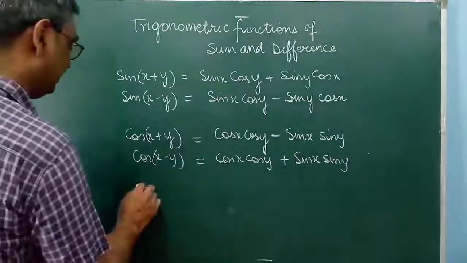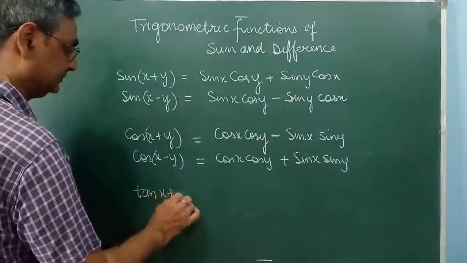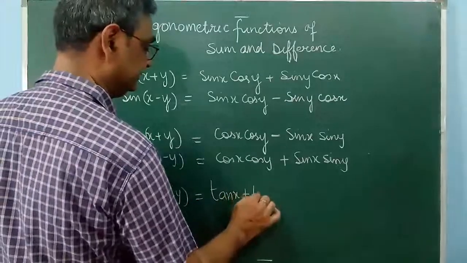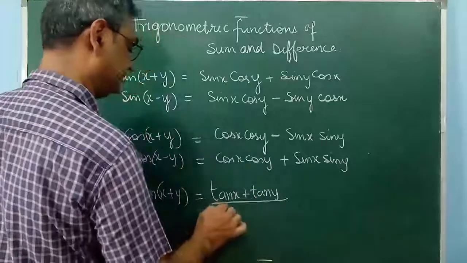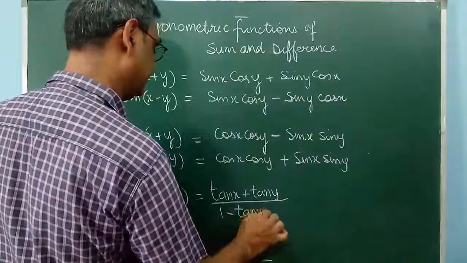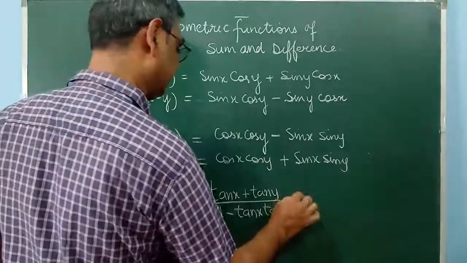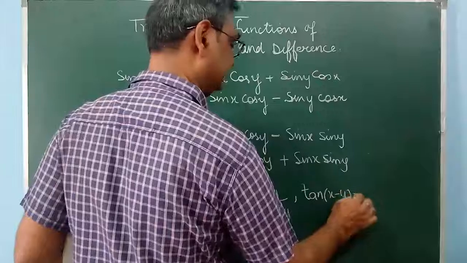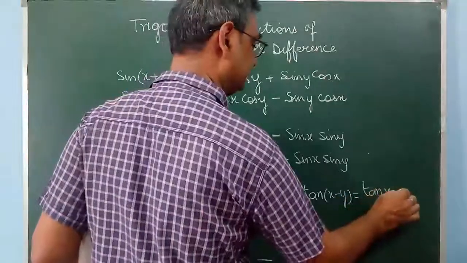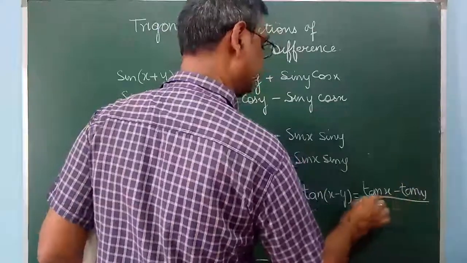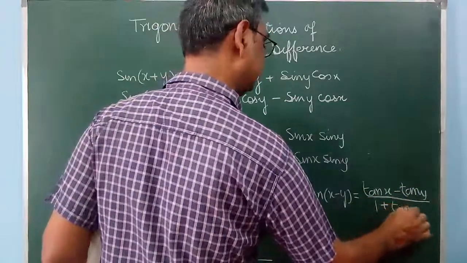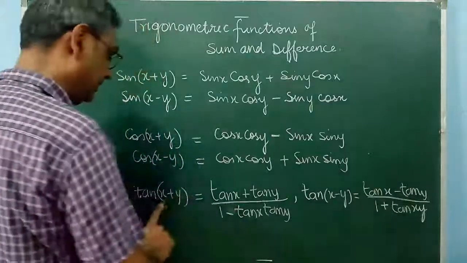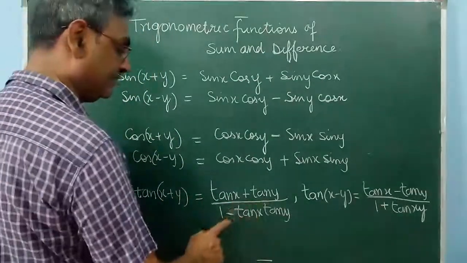Now we will be using the formula for tan(x plus y). This is the formula for tan(x plus y): tan x plus tan y upon 1 minus tan x tan y.